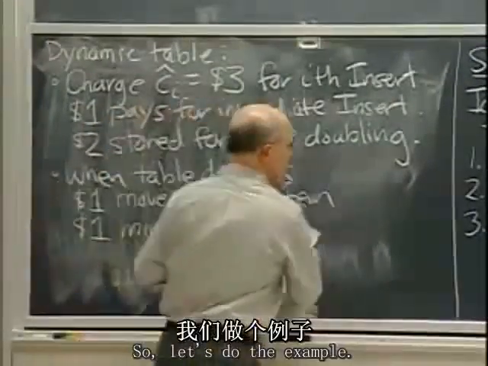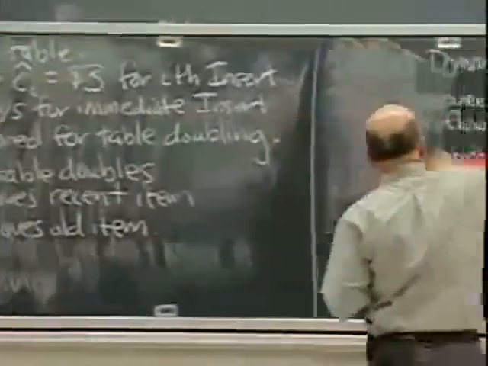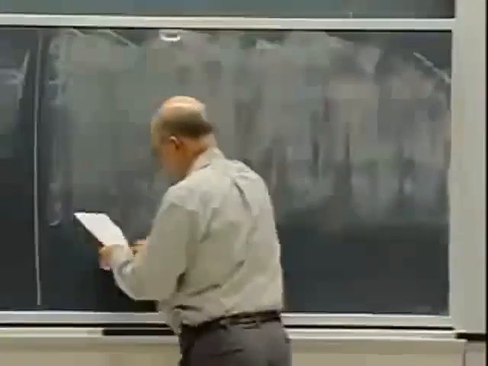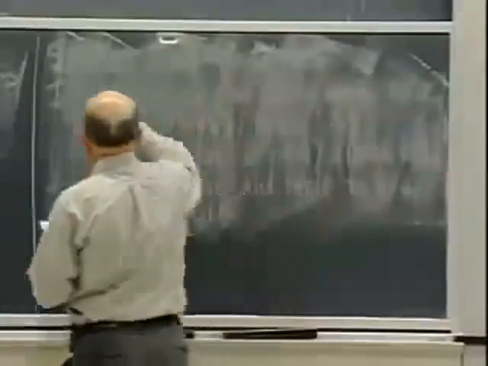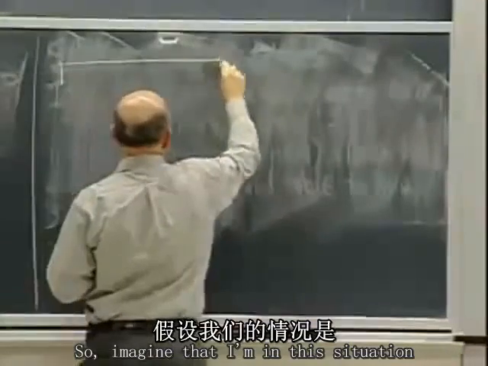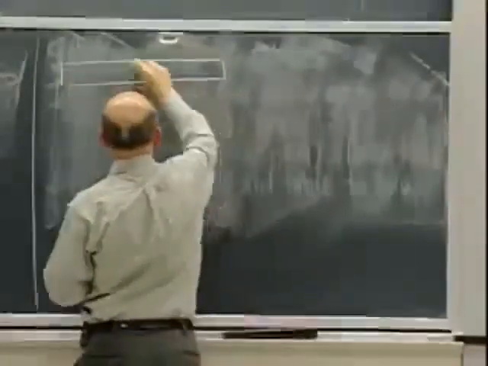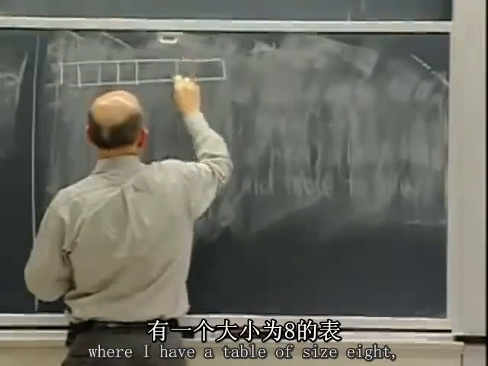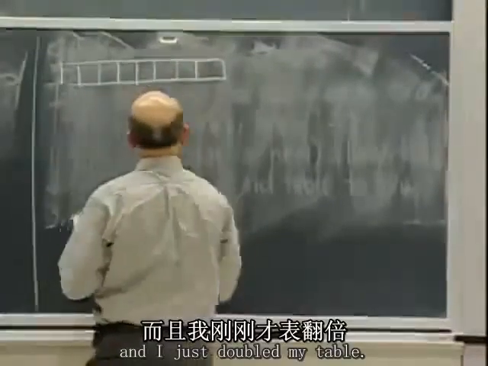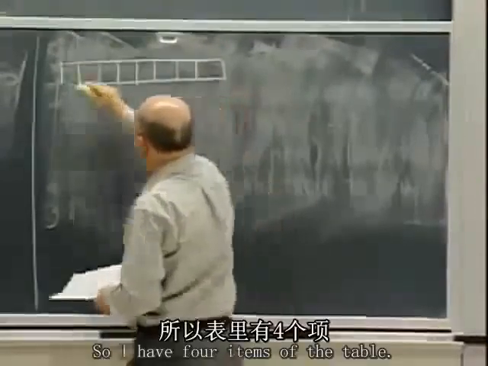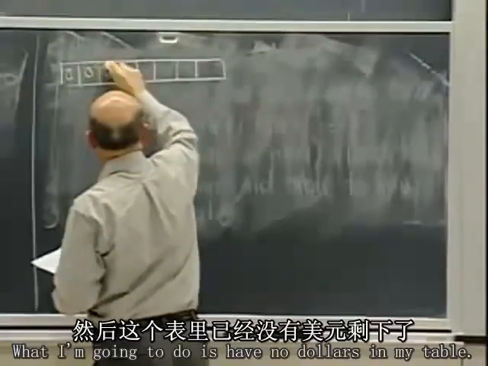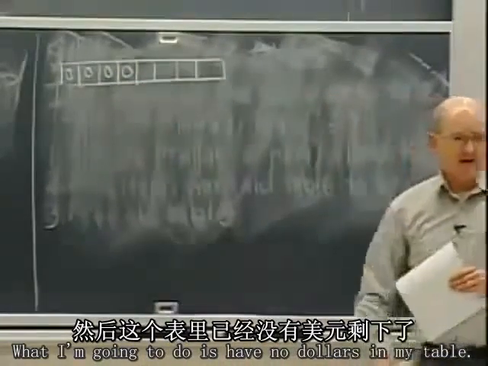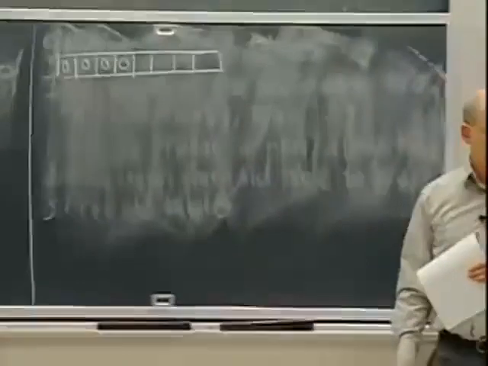So let's do the example. So imagine that I'm in this situation where I have a table of size 8, and I've just doubled my table. So I have 4 items in the table, and what I'm going to do is have stored no dollars in my table. Okay?